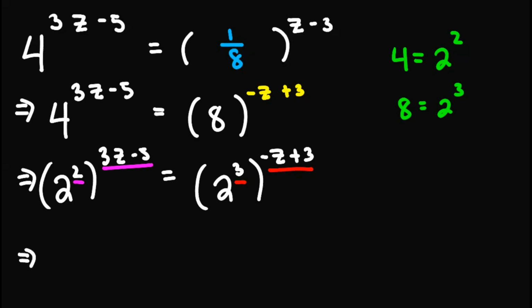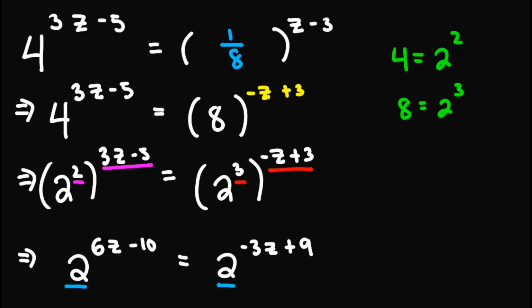By laws of exponents, we again simply multiply these values out. On the left side, we've got 2 raised to 2 times 3z minus 5, which is 6z minus 10, and on the right side, we've got 2 raised to 3 times negative z plus 3, which is negative 3z plus 9. From here, we already have a similar base.